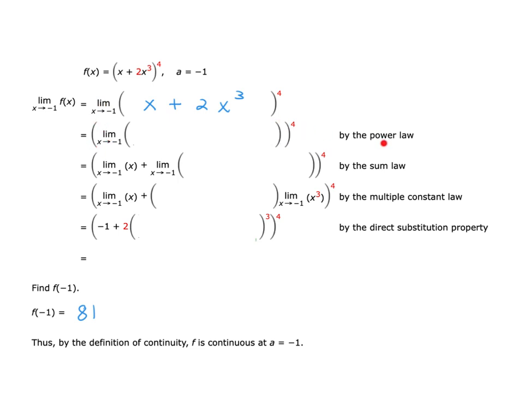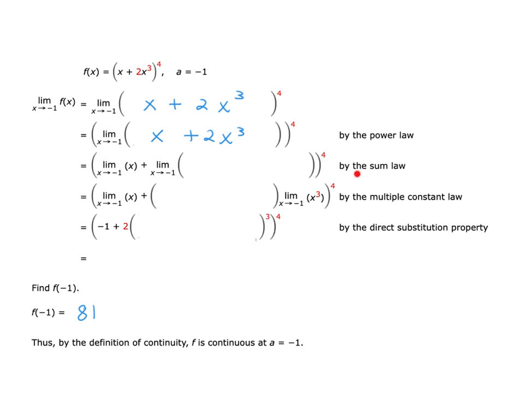If you could call this something, it'd be called the power law because you're moving the limit inside the expression that has the power. So essentially, we're going to put limit, copy down x plus 2x cubed here. So you can think of this power law as moving the limit inside the thing that has a power.